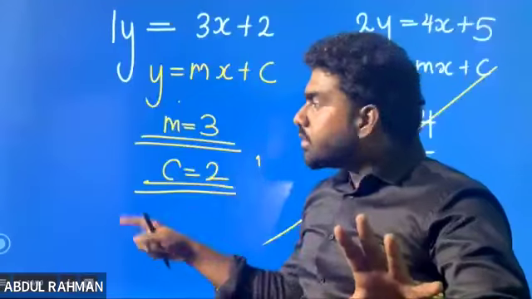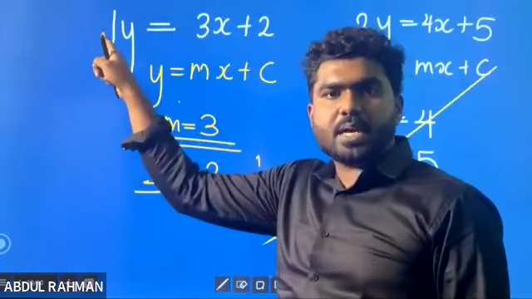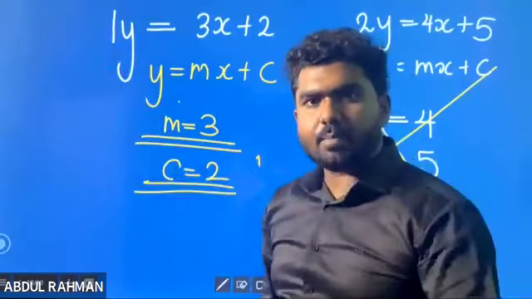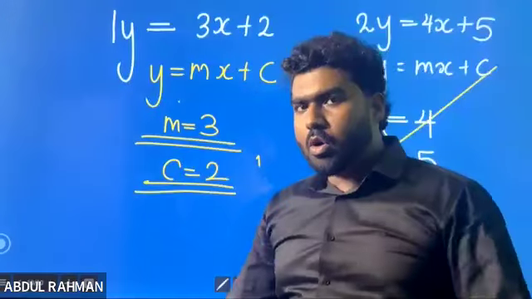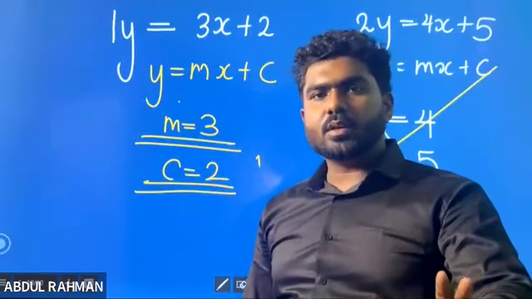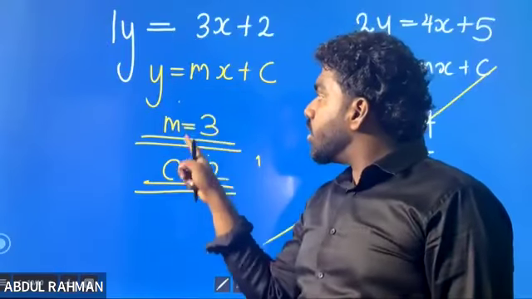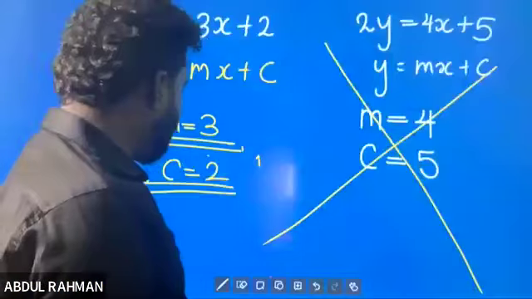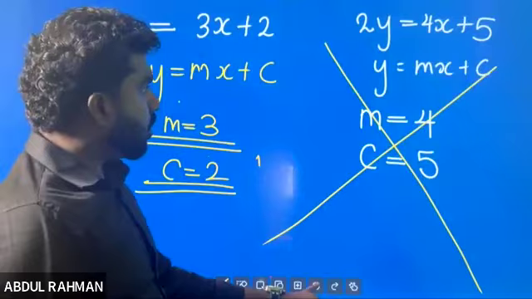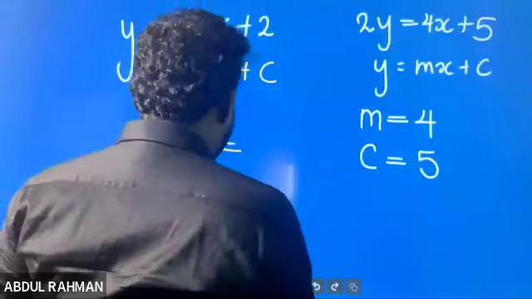If I have a number more than 1 here, that means 2, 3, 4 or any other number, or minus, you can't take this as your gradient and you can't take this as your intercept. Now you're going to rework this.